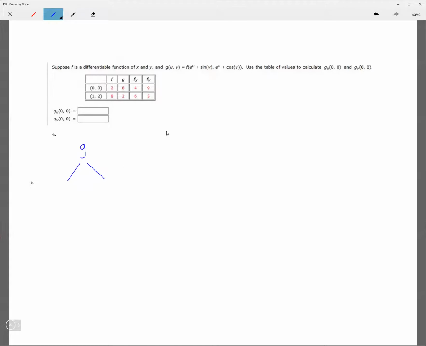Okay, hold on. This is really confusing. I should have looked more at this. I thought this was something different than what it was. So all this is kind of like our x, and all this is kind of like our y, because it says f is a differentiable function of x and y. So x is really e to the u plus sine v, and y is really e to the u plus cosine v. Okay.